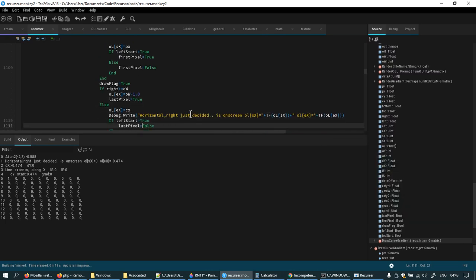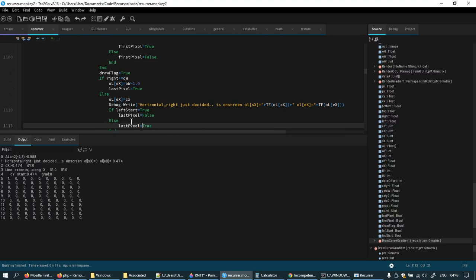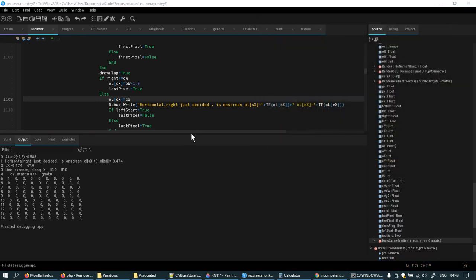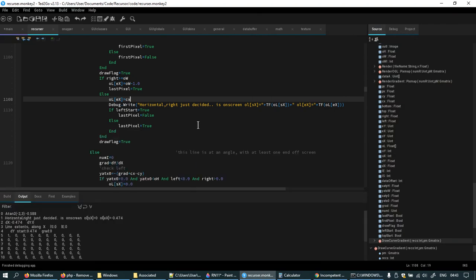It equals CX, and CX is that. Oh, that's the beginning of the line, is it? Yeah. It doesn't equal CX, it equals something like left or right, not this rubbish.